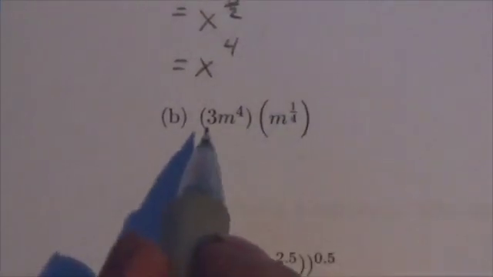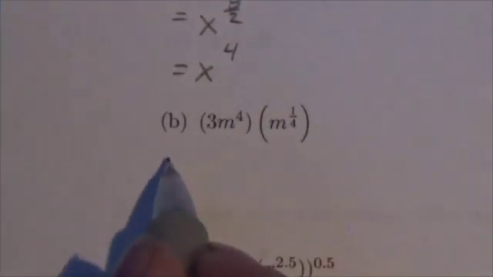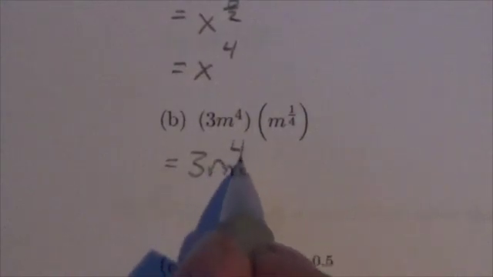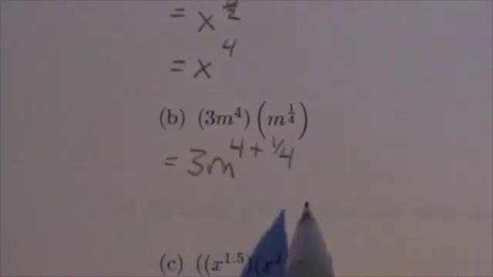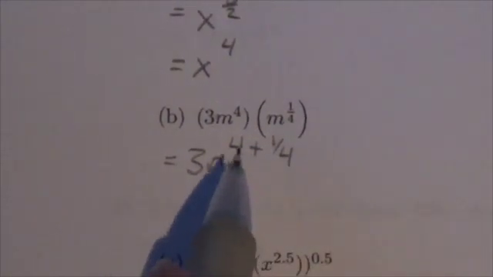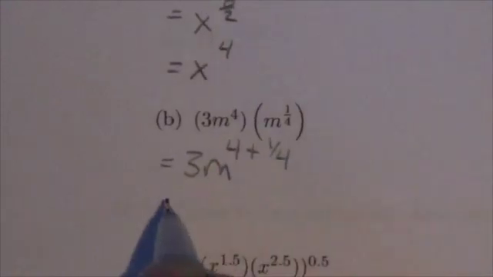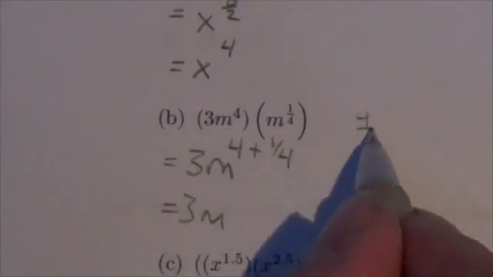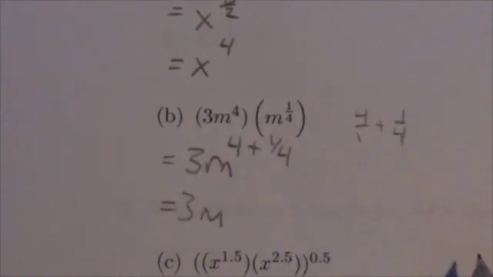For this one right here, when we multiply these together, 3 times, well, the coefficient here is just 1, so my coefficient here is going to be 3. And this is going to be m to the 4 plus 1/4, because I'm multiplying powers, and so I'm going to add their respective exponents here. Now, this is just 4 plus 1/4 here, okay? So how do you add fractions? Well, this is 4 over 1 plus 1 over 4.